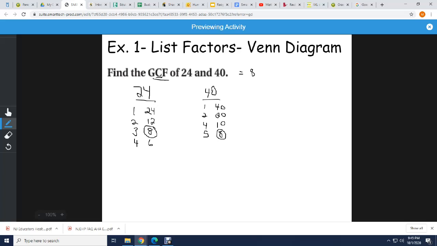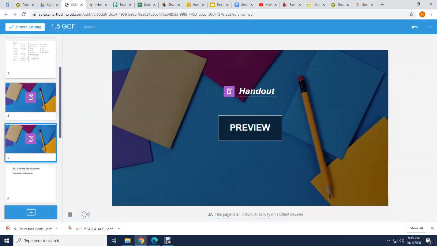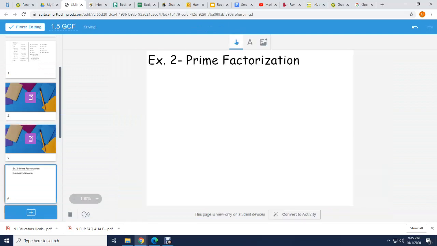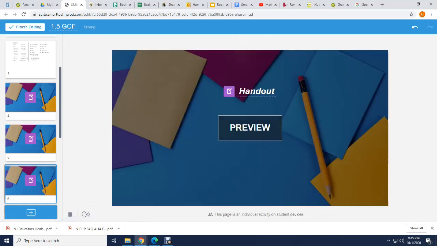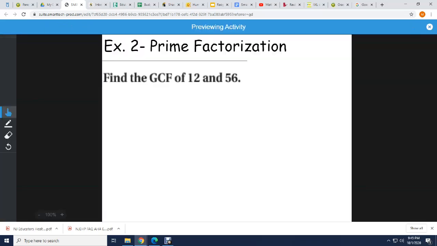So I'm going to show you another way that may help you in not missing a factor pair as we go along. We're going to use 12 and 56 here, and I'm going to show you how I would do this, and maybe it'll be a way that helps you.